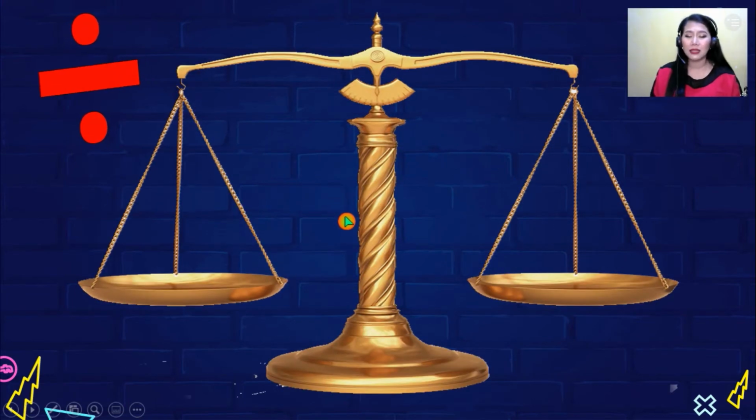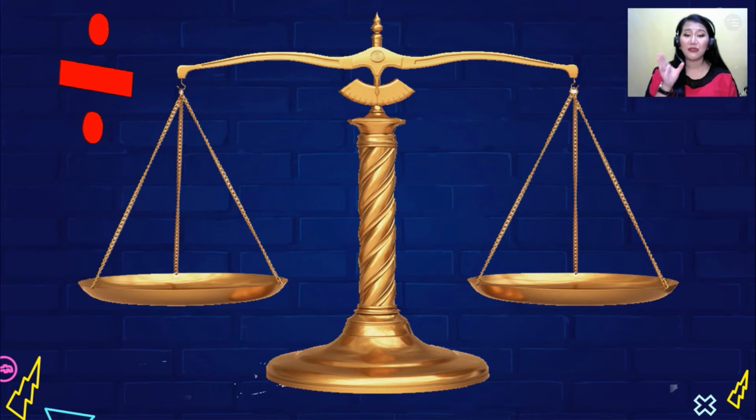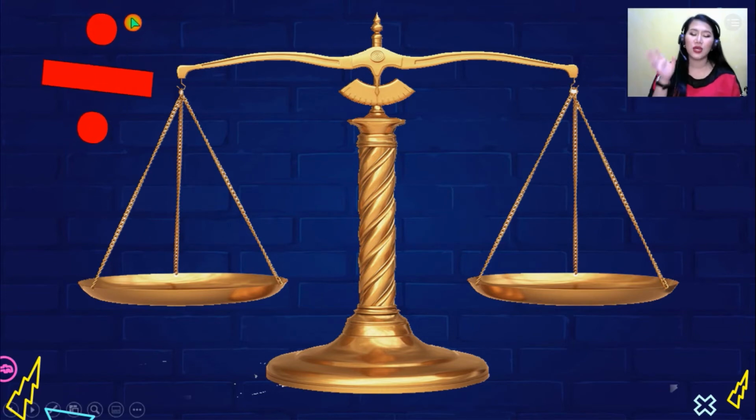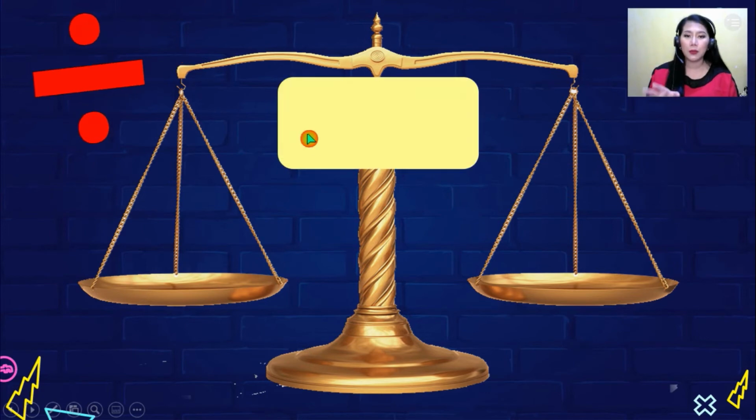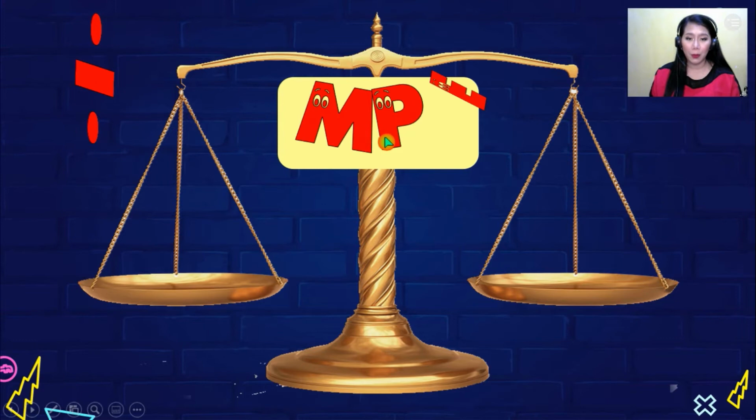Next, let's have the third property. So, in your balance scale, kung nakakita ka sa equation mo ng division, however, hindi ka naman talaga makakakita ng ganitong symbol, diba? Ang makikita mo ay fraction, and you know pretty well that fraction signifies that you have a division operation. So, if you have a division, what property are you going to apply? You're going to apply multiplication property of equality.